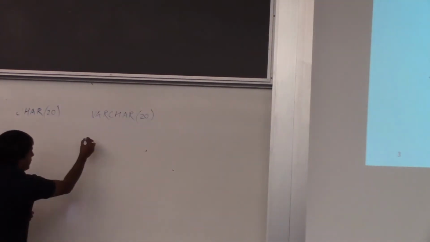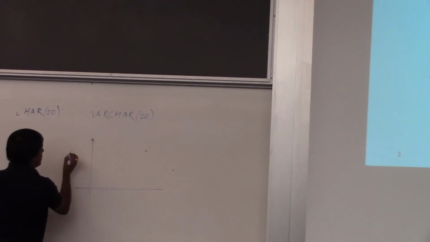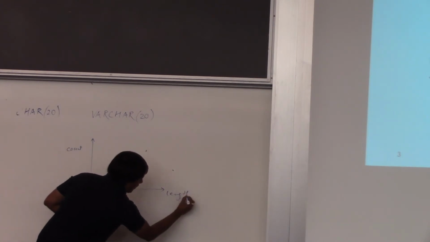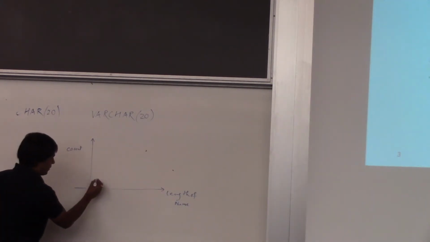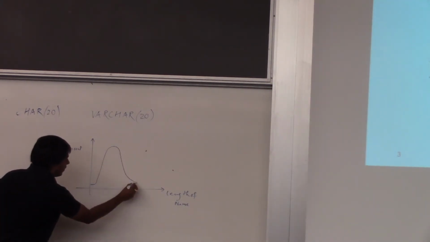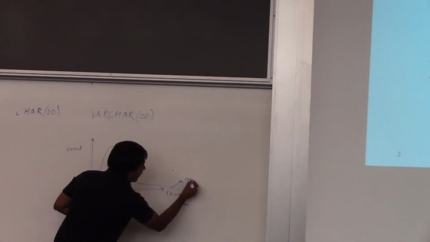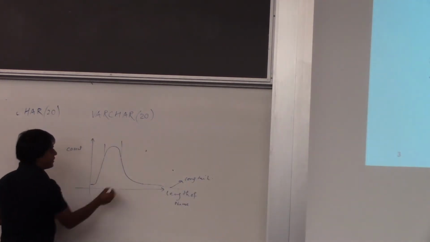If I draw the distribution of names, say this is the count and this is the length of name, you will find it will be like this curve which goes on. So this is the long tail, and most of the people fall in this region.